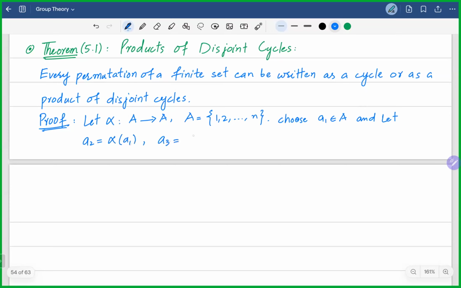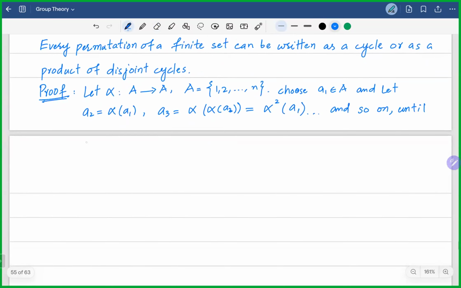Similarly, A3 is alpha of A2, which is alpha square of A1, and so on until we arrive at A1 equals alpha power m of A1 for some m.